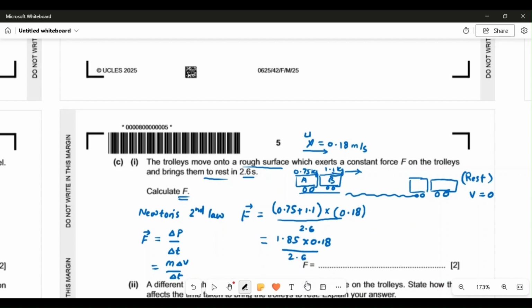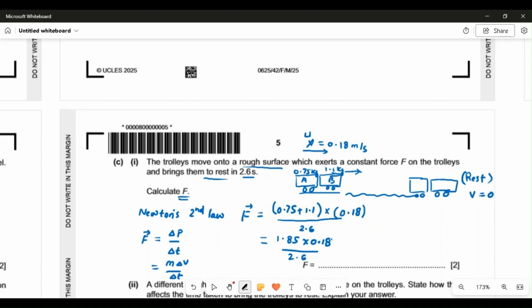If I use the calculator, 1.85 times 0.18 divided by 2.6, I get 0.129.